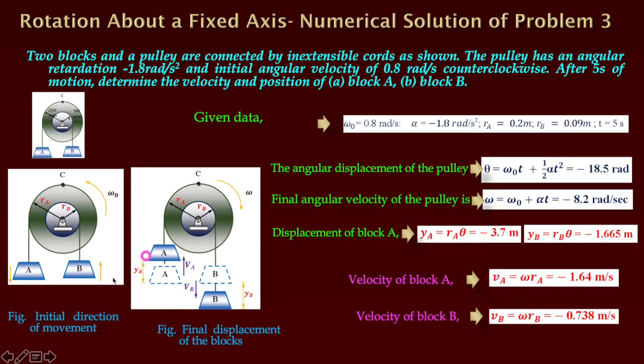Here I repeat some key points: the pulleys are combined, means there is no relative motion between the pulleys, and it is connected with an inextensible cord, means the circumferential distance and velocity of any point on the pulley, the magnitude is the same for the attached block, and similarly for block B, which is attached with the Rb radius pulley.